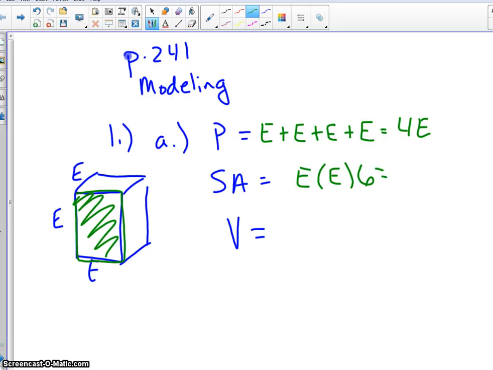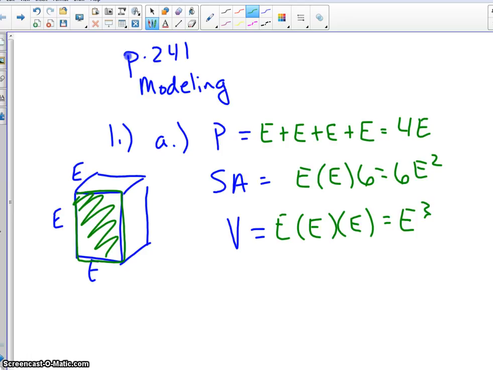More commonly, you'd write this as 6E squared. Now if you want to go to the volume, well, volume is length times width times height, and in this case each one of those is E. So what you actually have is E cubed. So that should be what you came up with for part A.